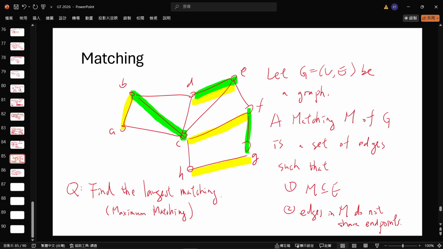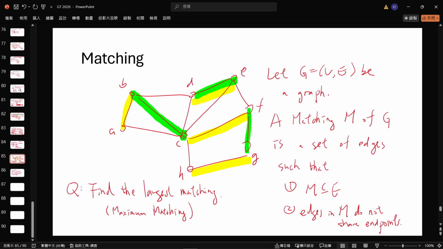So if we consider these green edges, we can consider every other edge that is not green, okay? For example, like this one. So given these green edges, can we add this yellow edge while maintaining a matching? No, because if we add this edge, then these two edges will share the same endpoint, okay?